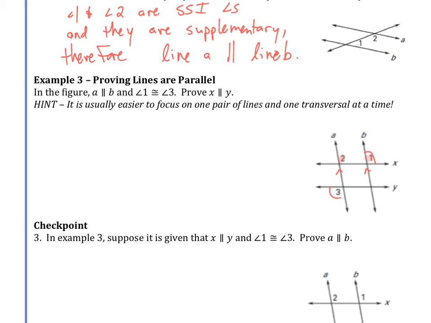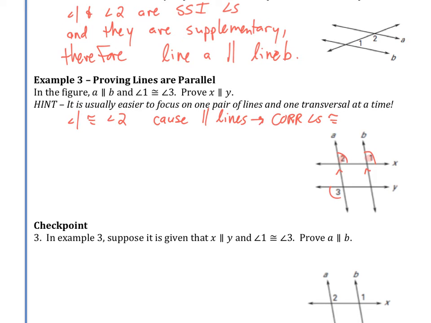Well, 1 and 2 are corresponding. So we could say angle 1 is congruent to angle 2 because parallel lines imply corresponding angles congruent. So 1 is congruent to 2 because they're corresponding angles and the lines are parallel.